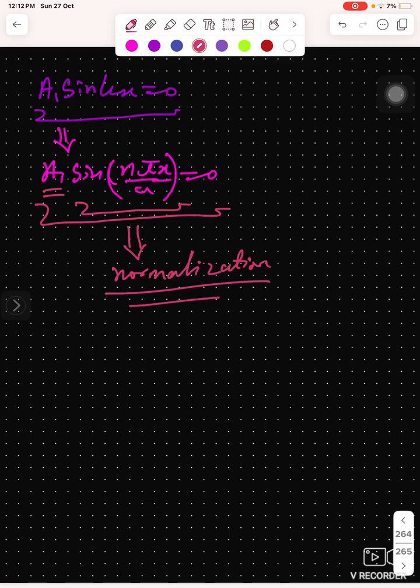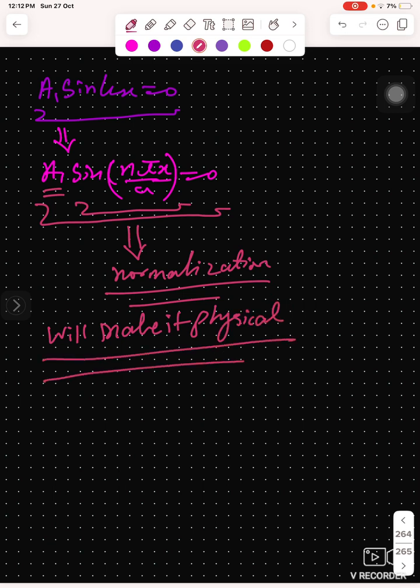Why do we use normalization? Because it will equal 1. We want it to equal 1. We'll make it physical. So how can we make it physical? We will use brackets, conjugate brackets.